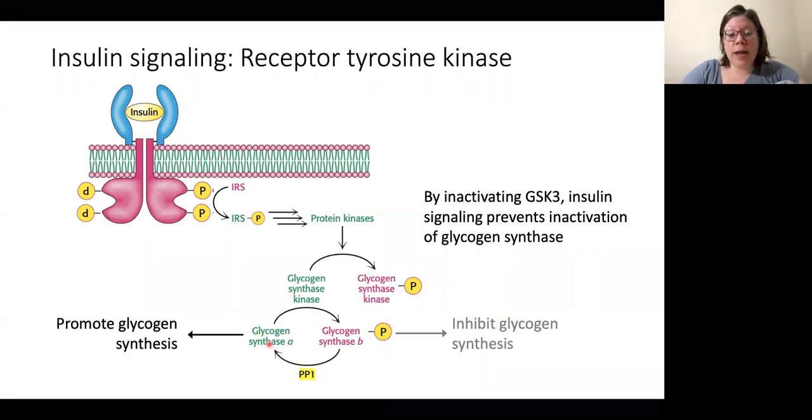Also part of this pathway, if glycogen synthase A is inactivated by phosphorylation, it can be reactivated by the action of protein phosphatase 1, and we'll talk more about that in a little bit. So insulin signaling, ultimately through a chain of phosphorylation, can prevent the inactivation of glycogen synthase and therefore allow or promote glycogen synthesis inside the cells.